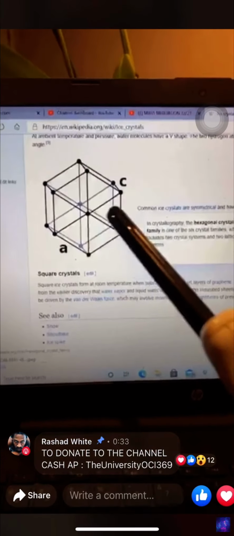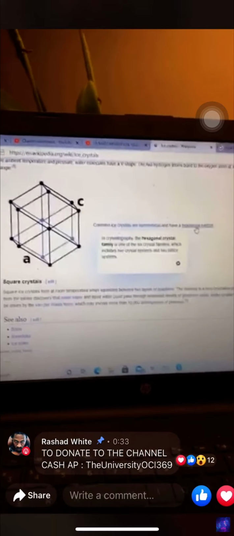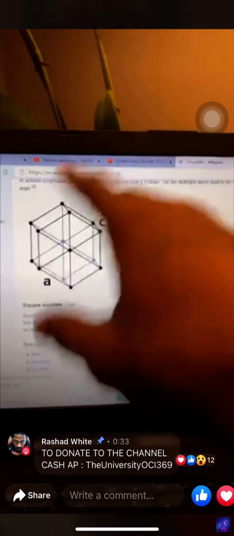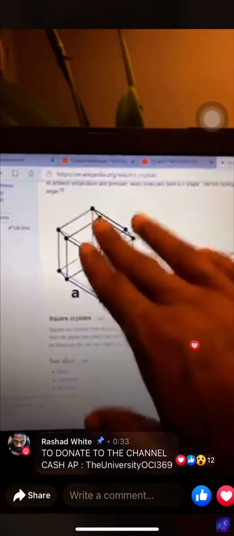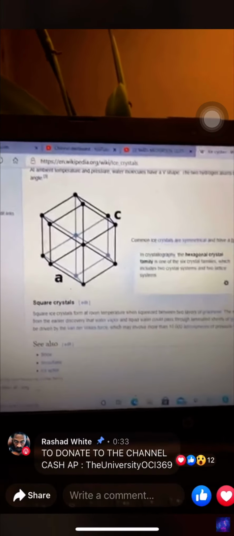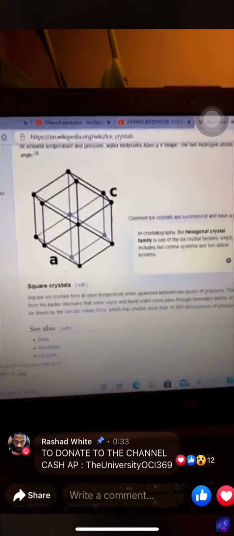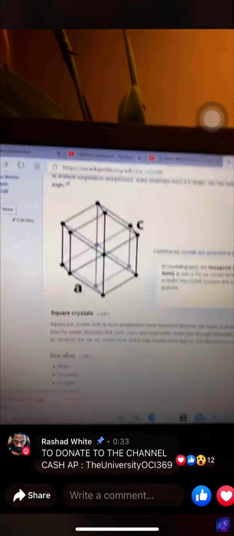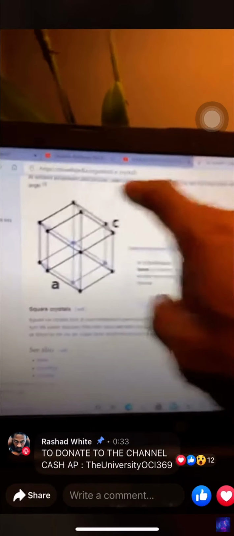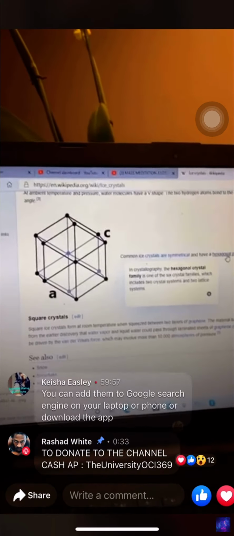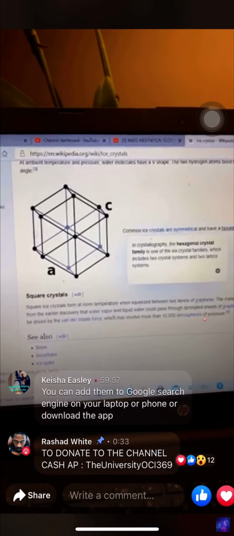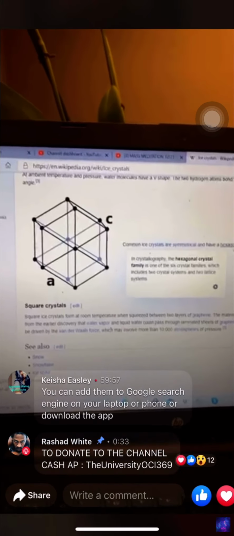This is the formation of a snowflake, because snowflakes are millions of ice crystals compiled on top of each other. So this is basically a snowflake, the breakdown of how a snowflake looks. It breaks down to an ice crystal, and ice crystals are water molecules that have lined up on top of each other to form six-sided shapes.